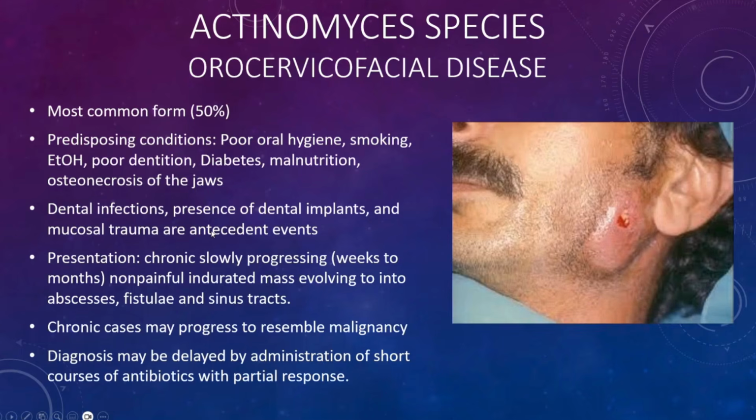These infections progress very slowly, over weeks to months. And so you may see a patient with a chronic wound of the mandible line or upper jaw line. The typical story will be that the patient was given an antibiotic for 7 to 10 days and the infection got better, but it then worsened.